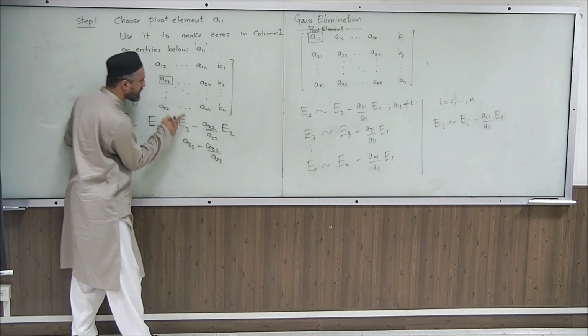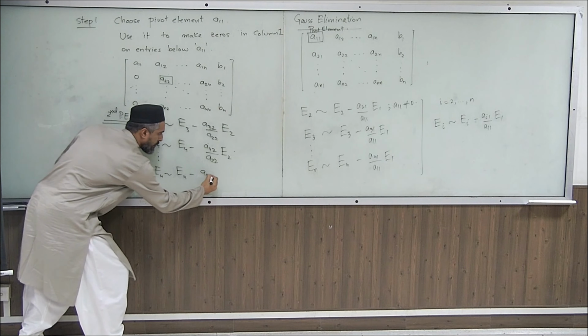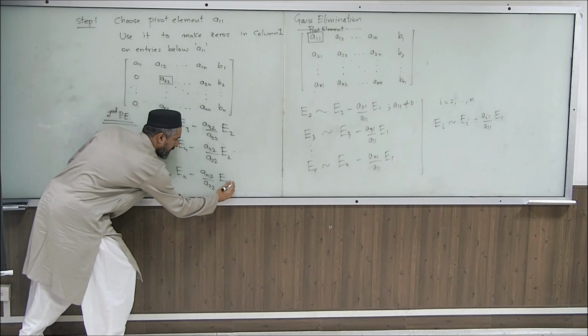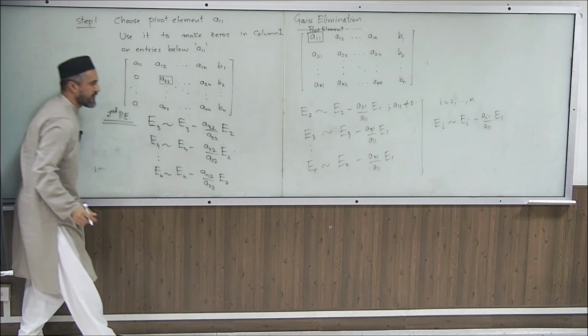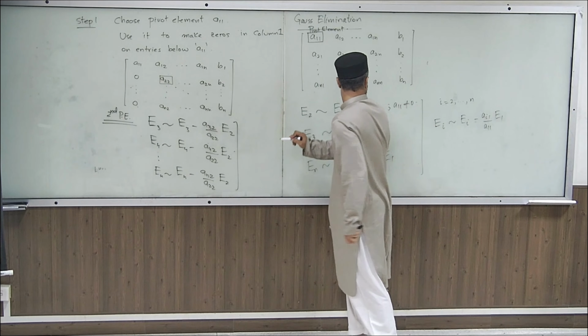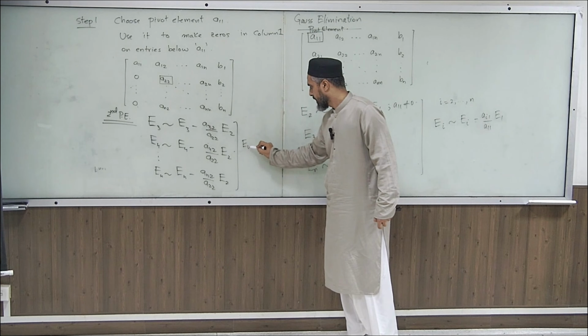The last operation onto the nth row is En minus An2/A22 E2. Generalized, Ei is replaced with Ei minus Ai2 divided by A22 times E2, and i will run from 3, 4 till n.